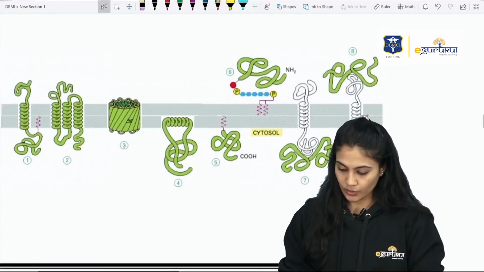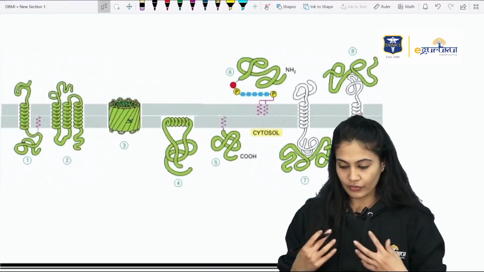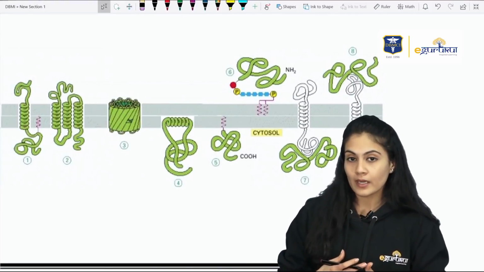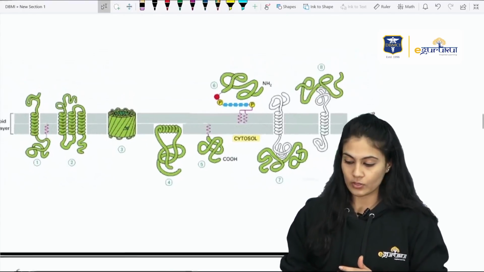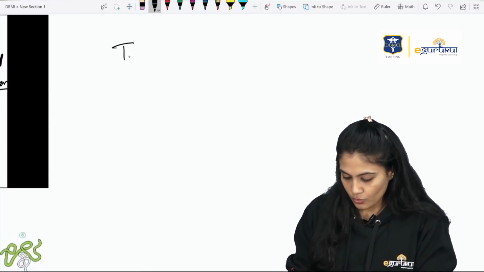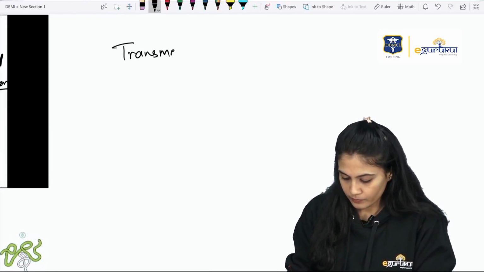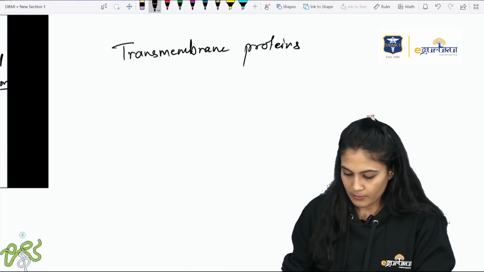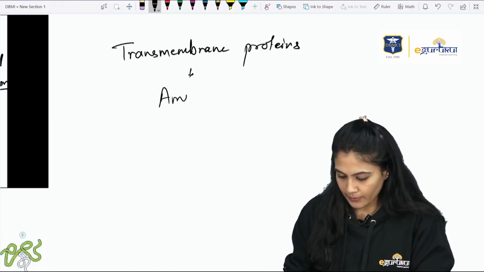Over here you can also see various types of receptors. Hydrophobic and hydrophilic parts are both present, so they show the amphipathic nature. So what can we write? The transmembrane proteins are amphipathic in nature.